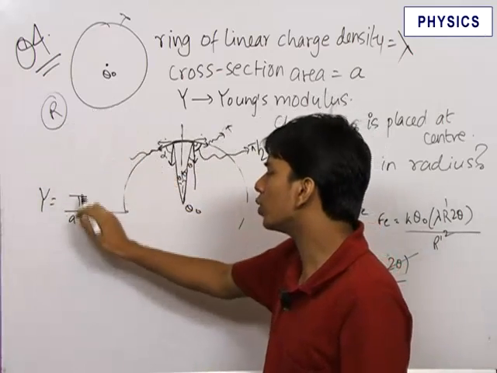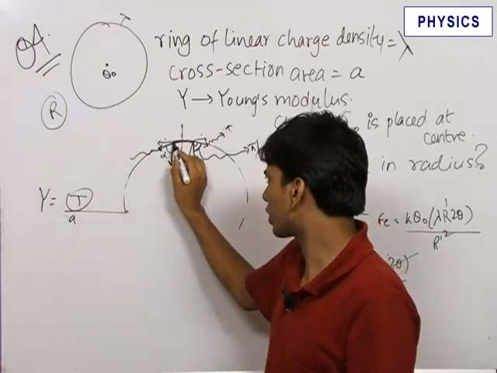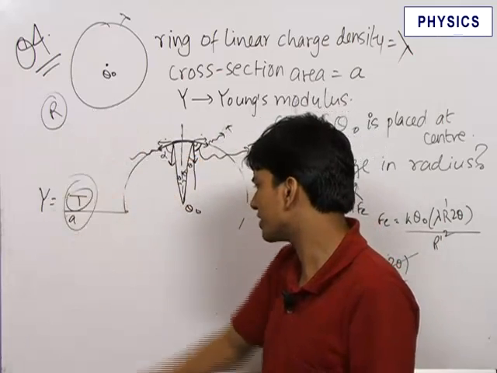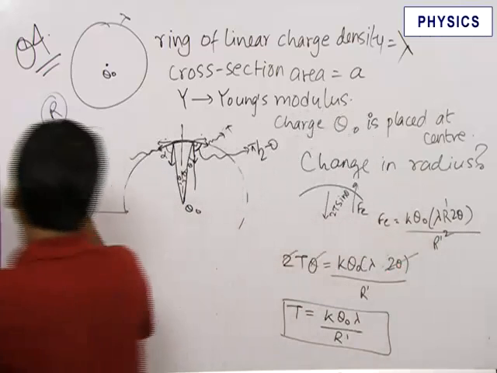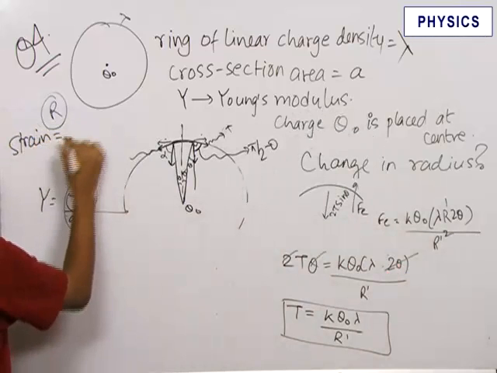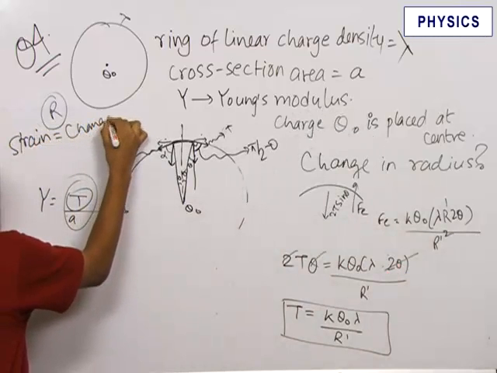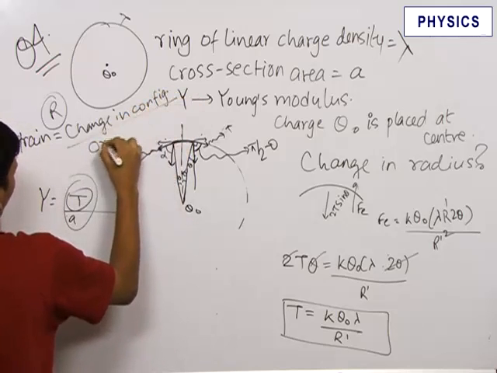For the whole ring we now know the tension in the ring to be T. T is already perpendicular to the area of cross section, therefore this is the stress. We divide it by the strain. The strain in the wire can always be written as change in configuration upon original configuration.